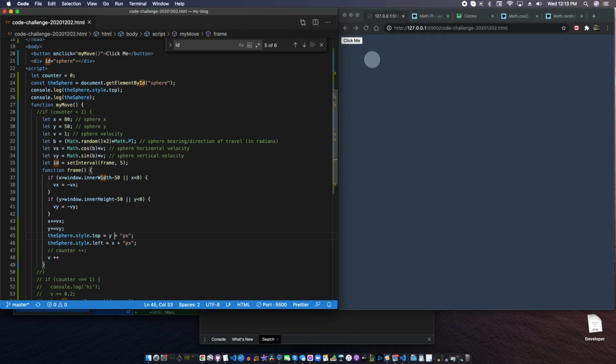And then we changed the style. We move the coordinate, and then we apply that coordinate to the styling of that div. And then we increment velocity by 1.